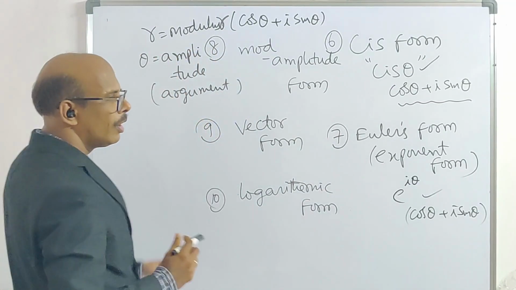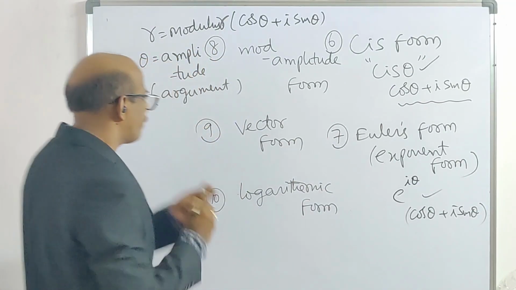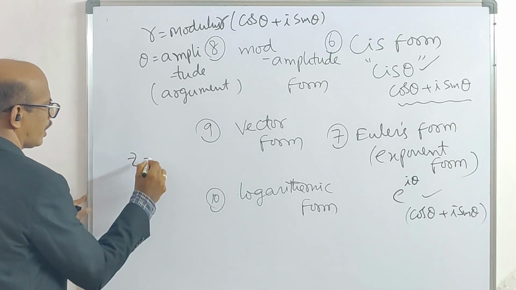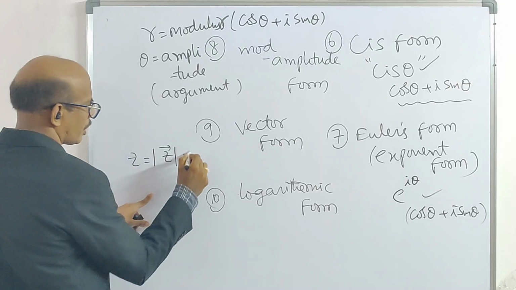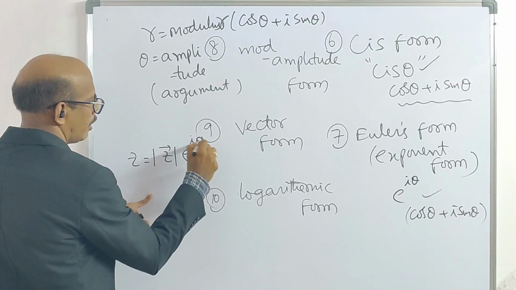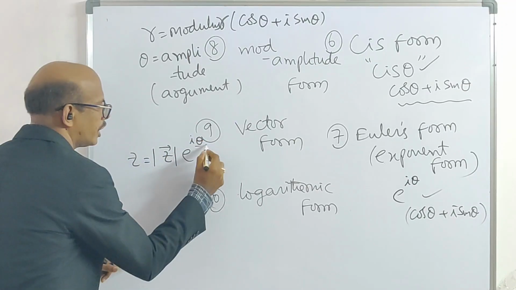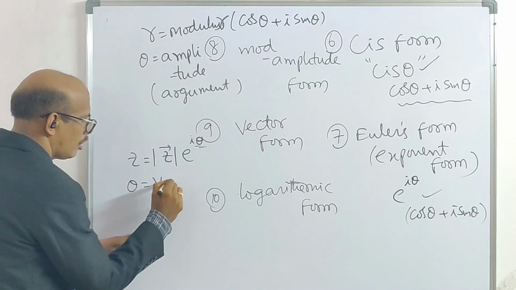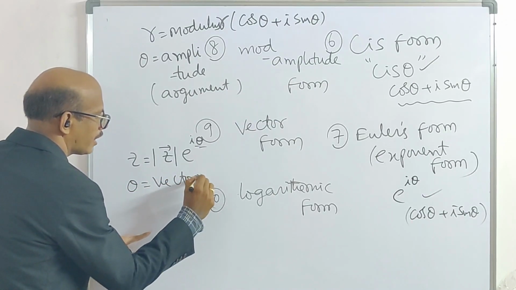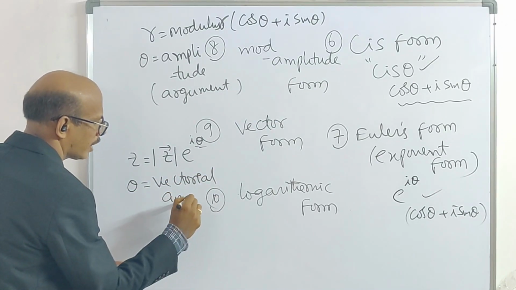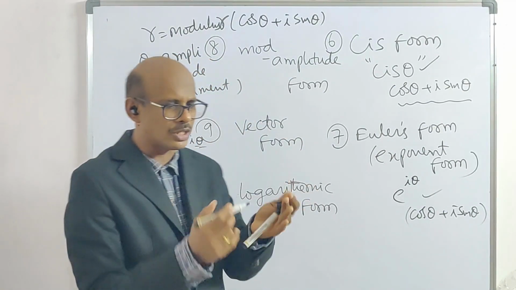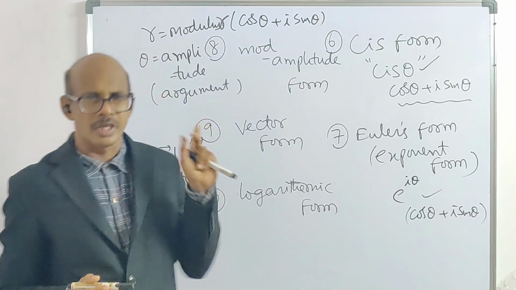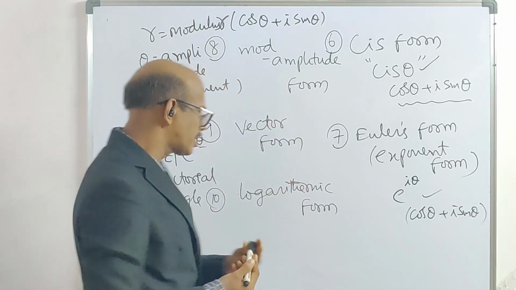Vector form. A complex number can be represented as a vector. You know very well, this form is simply the magnitude of the vector multiplied by this amount of theta. This theta is called the vectorial angle, made by a vector or a ray with the positive direction of the x-axis. The theta is measured in the anticlockwise direction.